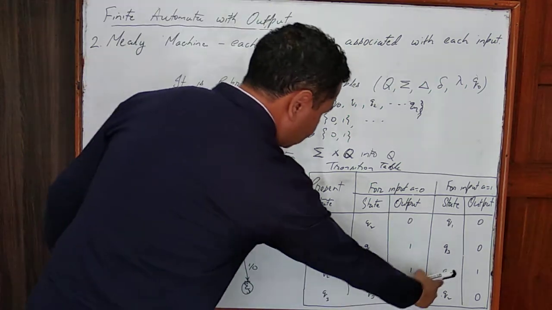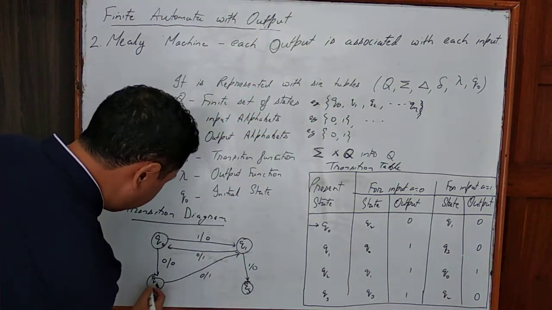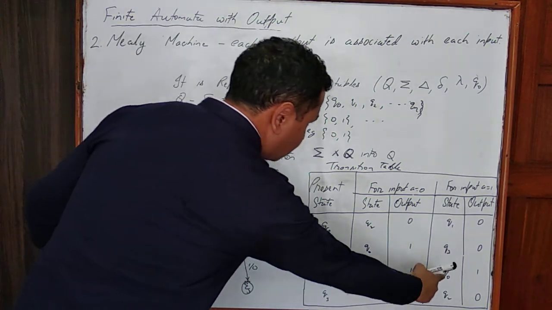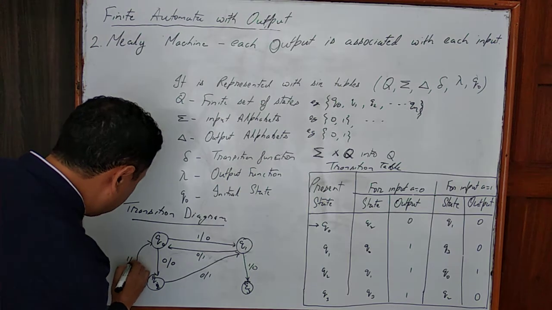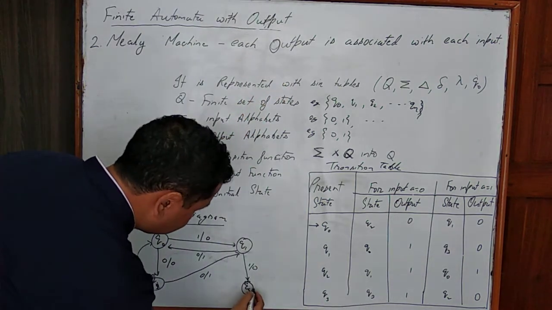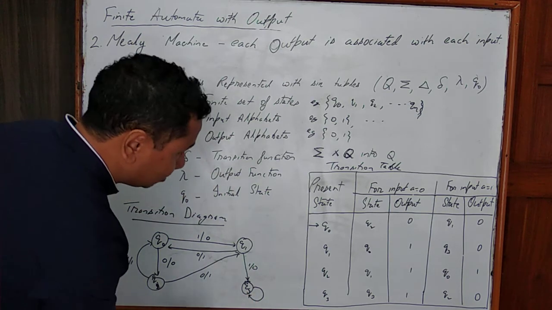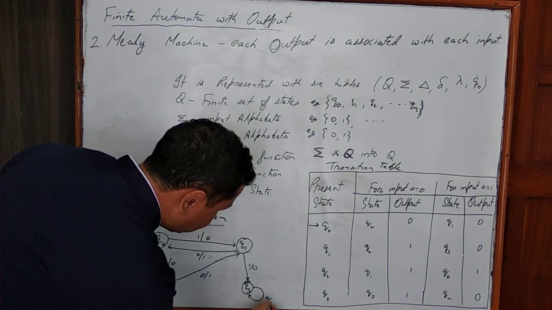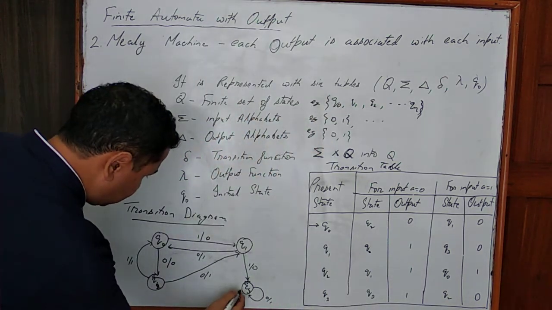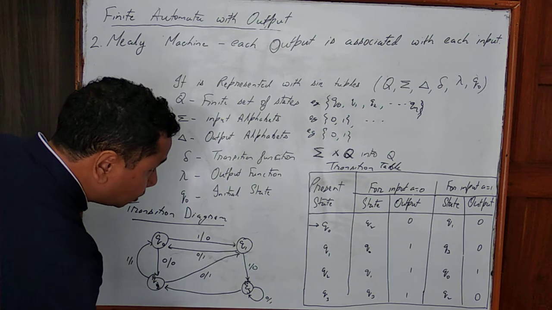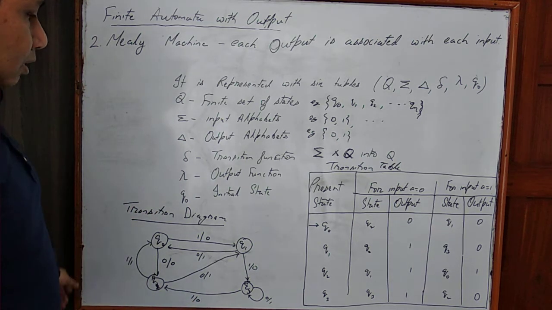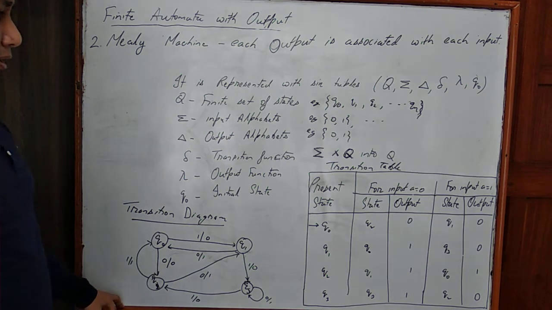And q2 to q0, with 1 oblique 1. And q3 to q3, so let's just draw a loop like this. So it is 0 oblique 1. And q3 to q2, which is represented as 1 oblique 0. So that is how the transition diagram is represented.